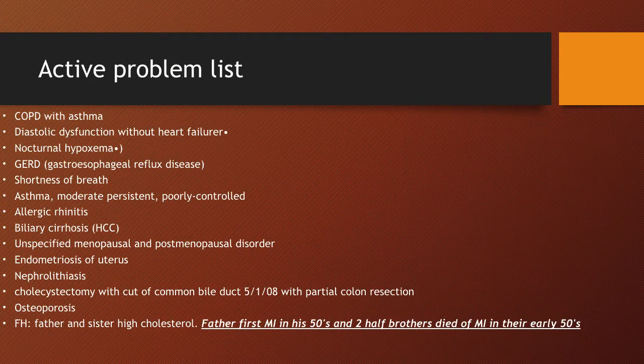So, what is the active problem list with the patient right now? The patient is active with COPD with exacerbations, as it said in their chart. She has a diastolic dysfunction with heart failure.